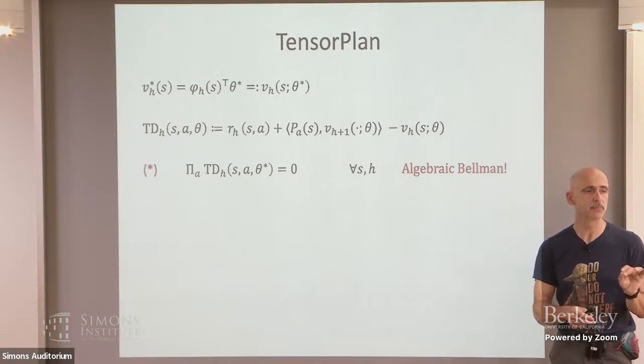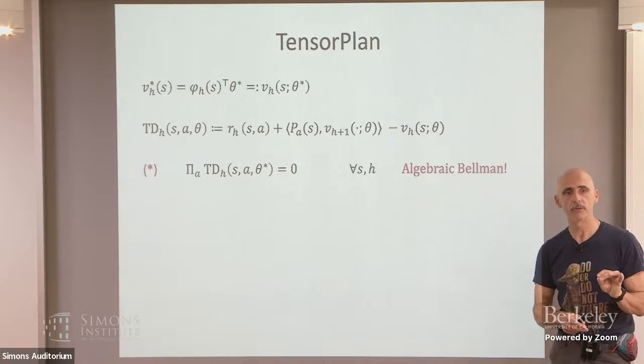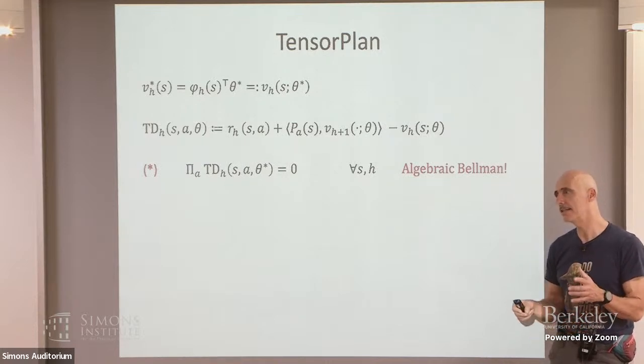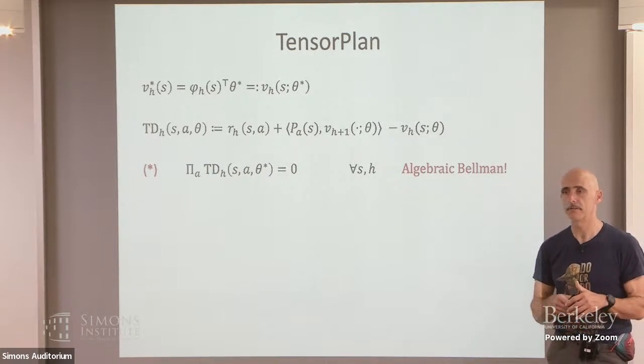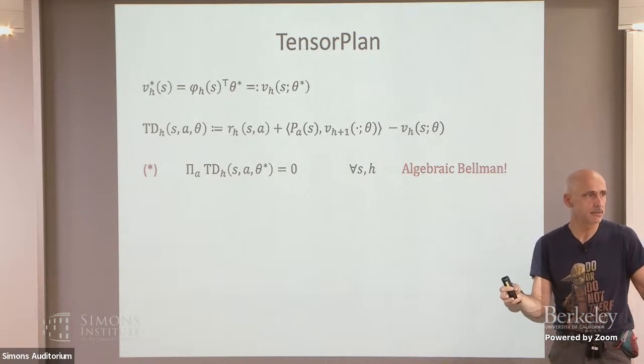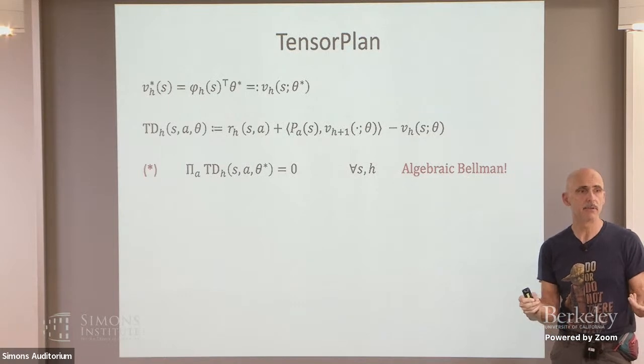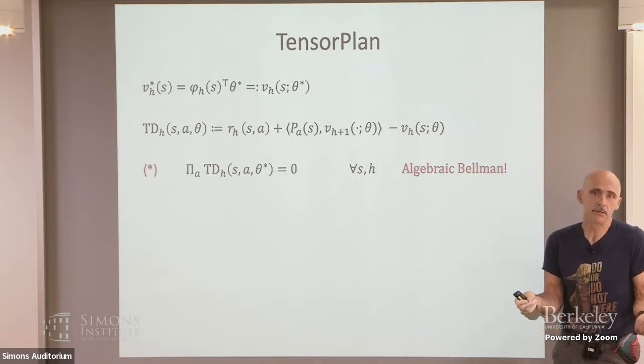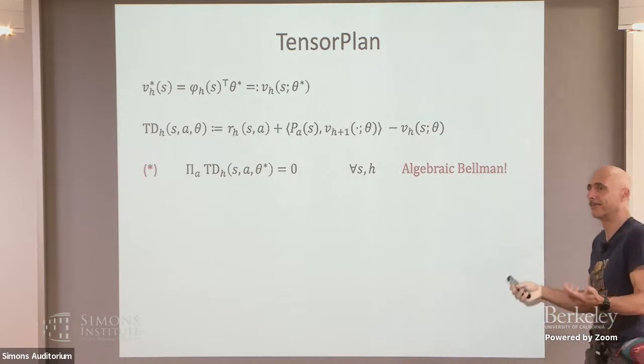There is no maximum over actions here. But what we are doing is taking the TD errors and multiplying them all. These TD errors are just numbers, right? If any of them was 0, then the product is going to be 0. And the product is only going to be 0 if one of them is 0, right?